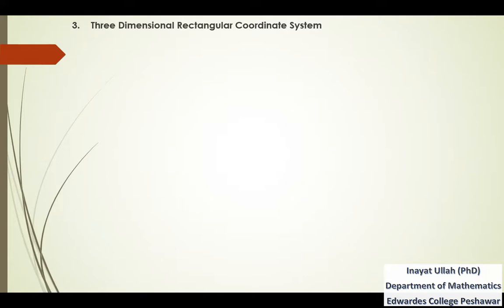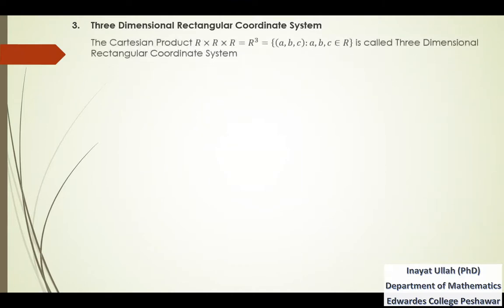If it is two-dimensional, we use x and y. Because this is three-dimensional, we take the Cartesian product. If we multiply the set of real numbers 3 times, that is the Cartesian product, not a simple product. R cross R cross R can be written as R cube.